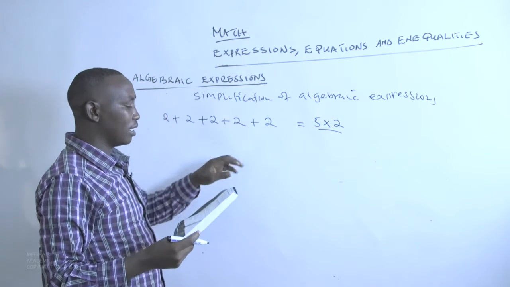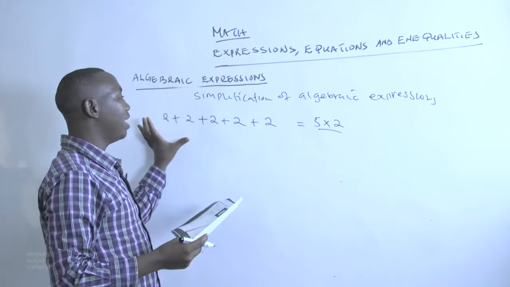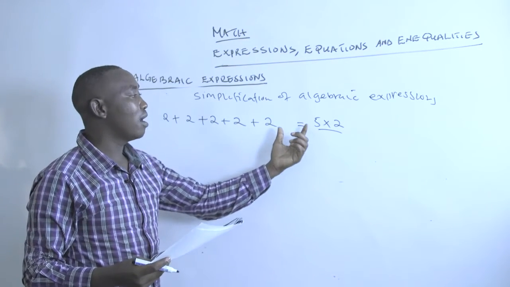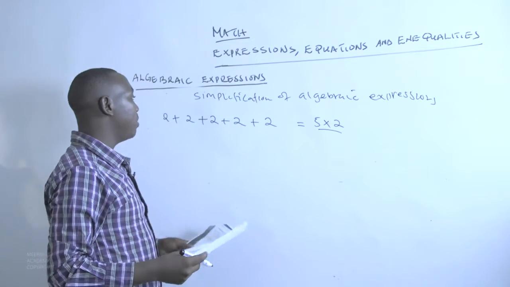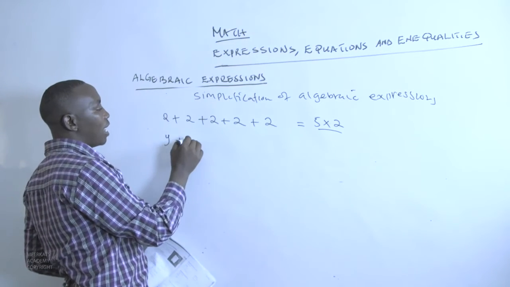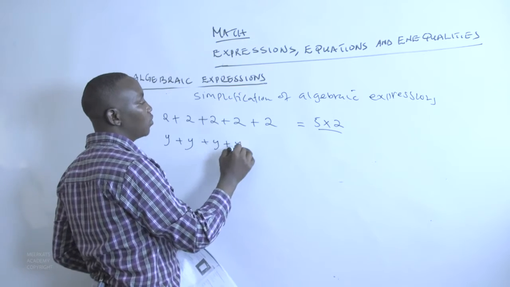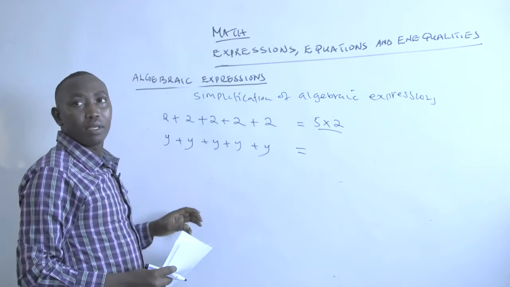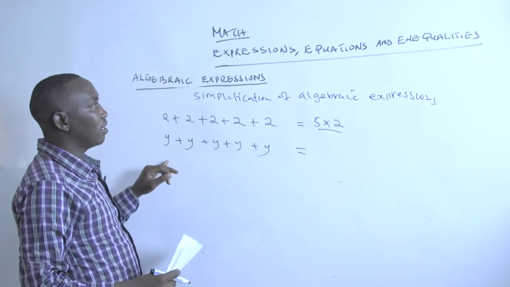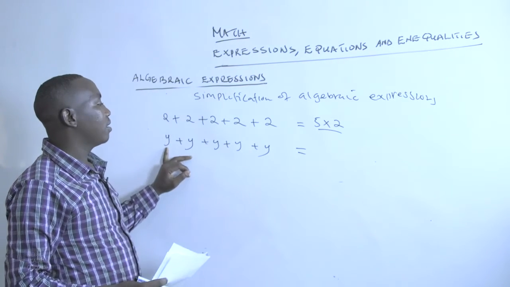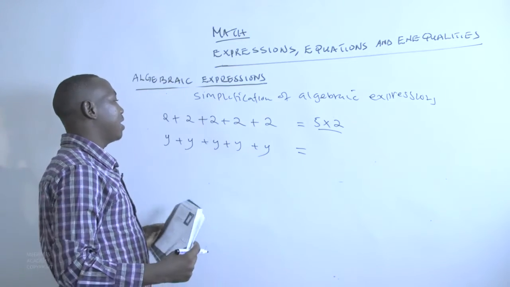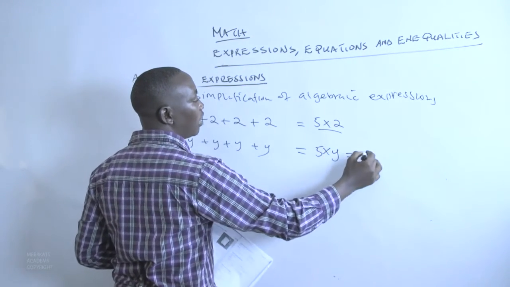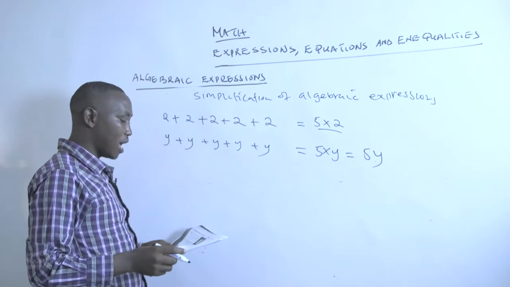So you have simplified from all this to that single answer. Similarly, if we add y added to y, added to y, added to y, added to y, that means we are adding y 5 times, and therefore we can simply take 5 times y, which will give us 5y.